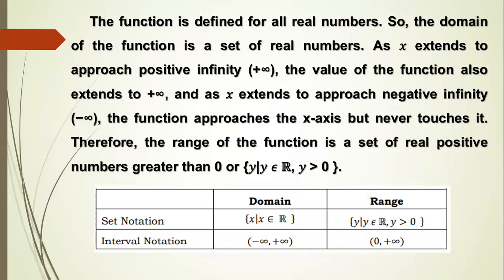Makikita naman natin na lahat ng real numbers are included as the domain. And then for the range in interval notation, we have 0 up to positive infinity. But remember that 0 is not included. So meaning to say, all numbers greater than 0.